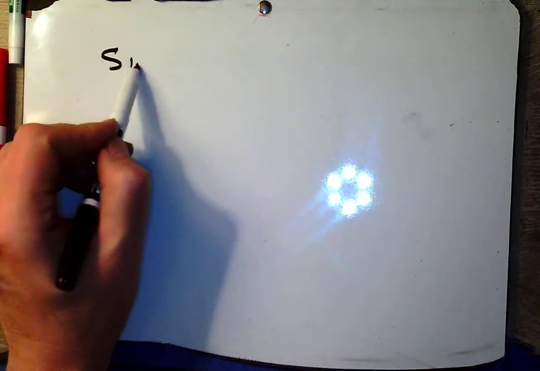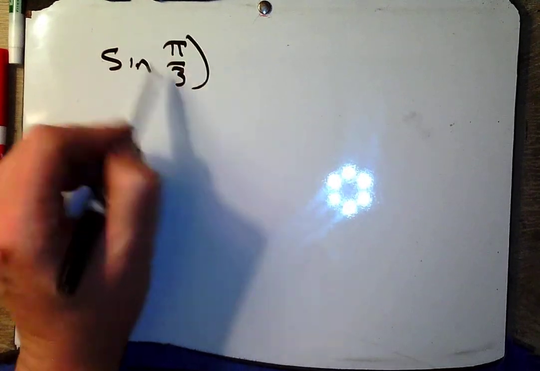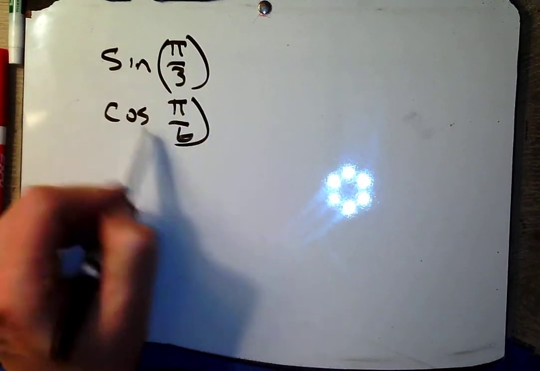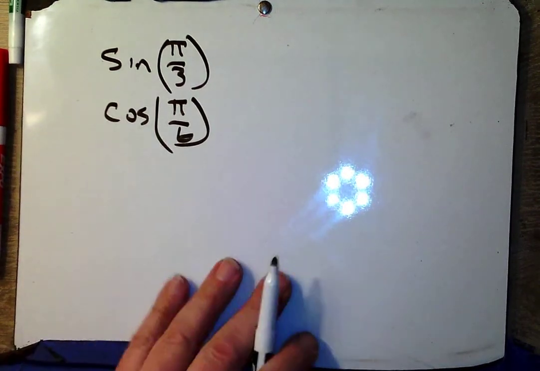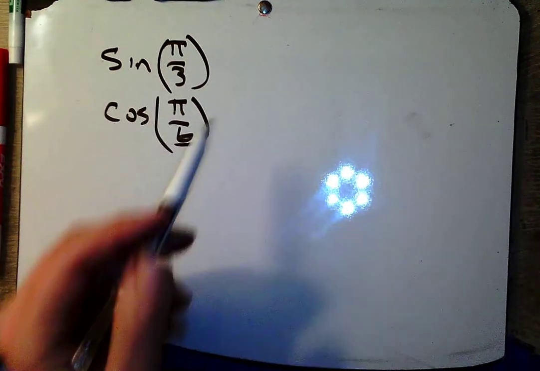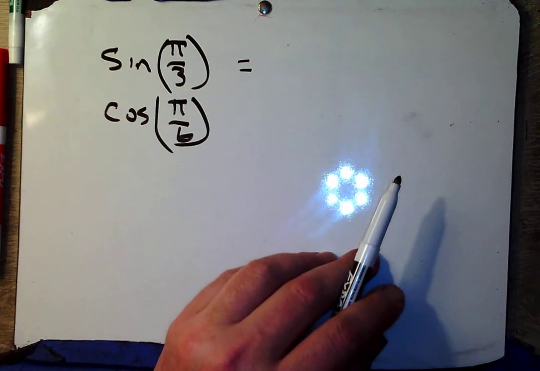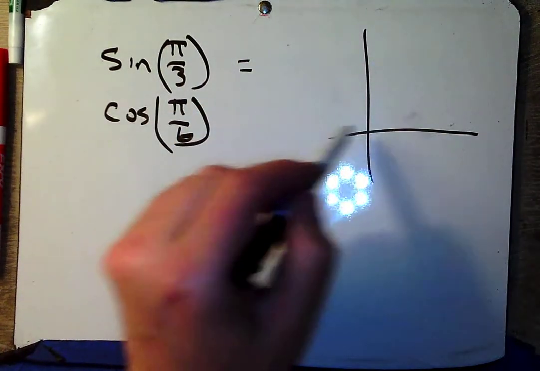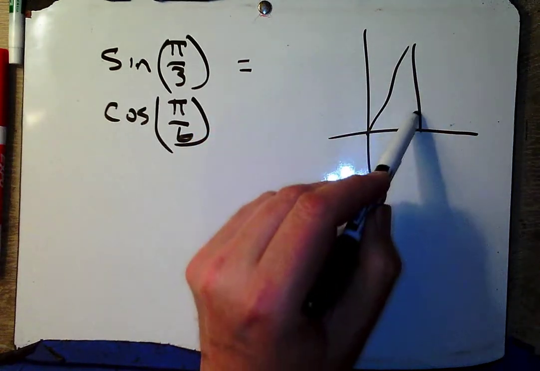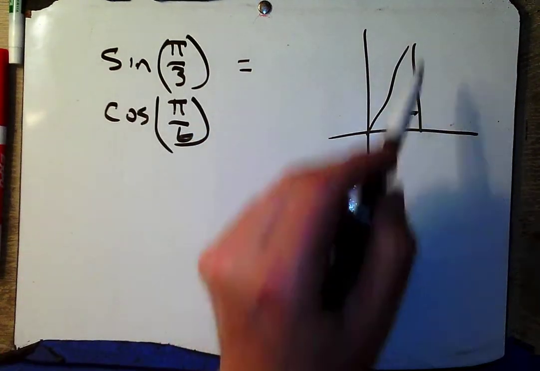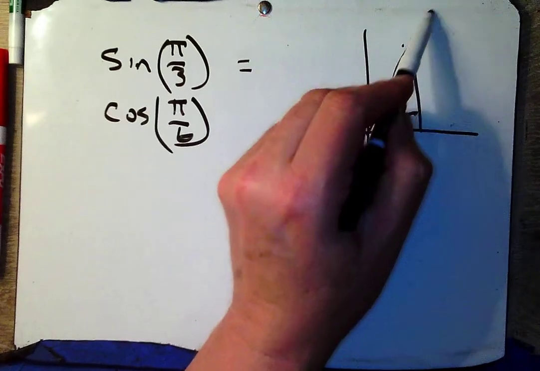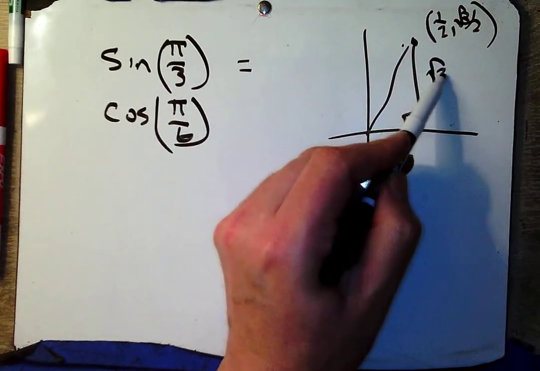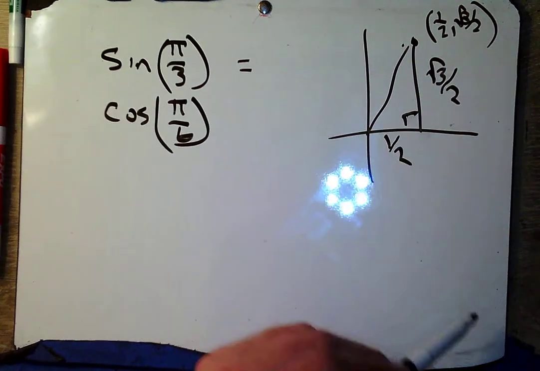What can you say about the sine of pi over 3 and the cosine of pi over 6? I know, I wasn't expecting that either, but go ahead, tell me. Sine of pi over 3. Okay, so I know where pi over 3 is. It's this angle here. And I know that the ordered pair here is 1/2, root 3 over 2, which means that this is root 3 over 2, and this is 1/2.